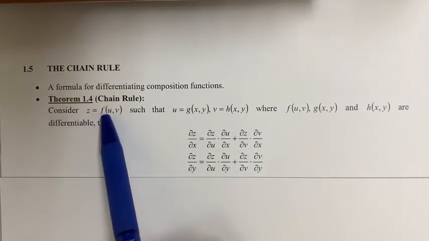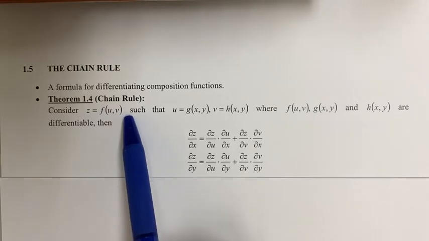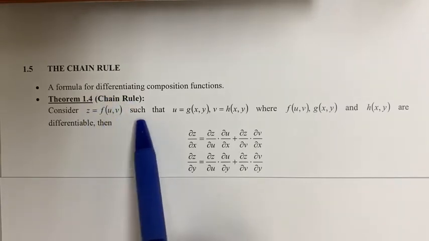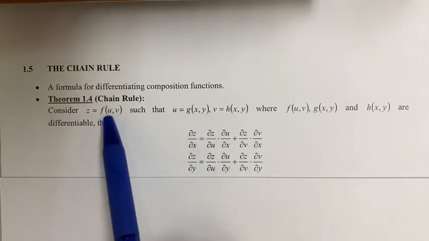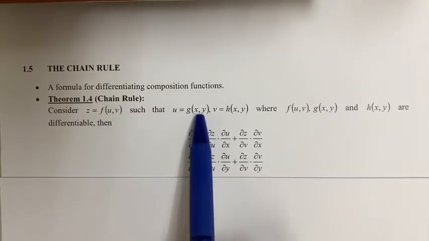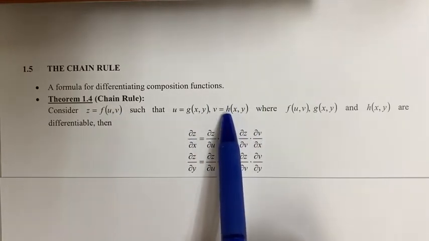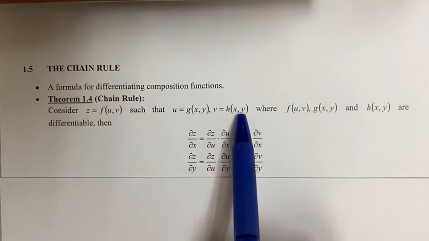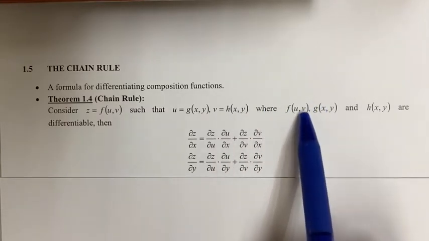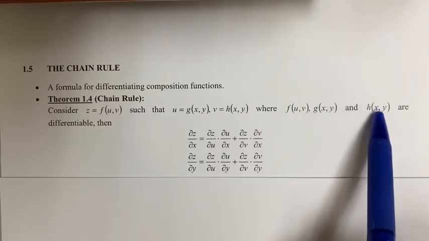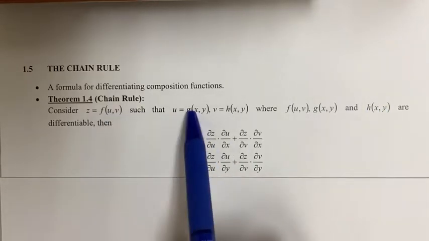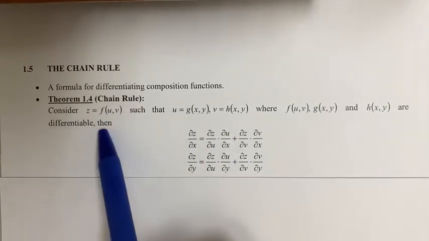Consider z is equal to f(u,v), a function of u and v, such that u is a function g(x,y), and then v is a function h(x,y), where f(u,v), g(x,y) and h(x,y), all these functions are differentiable.